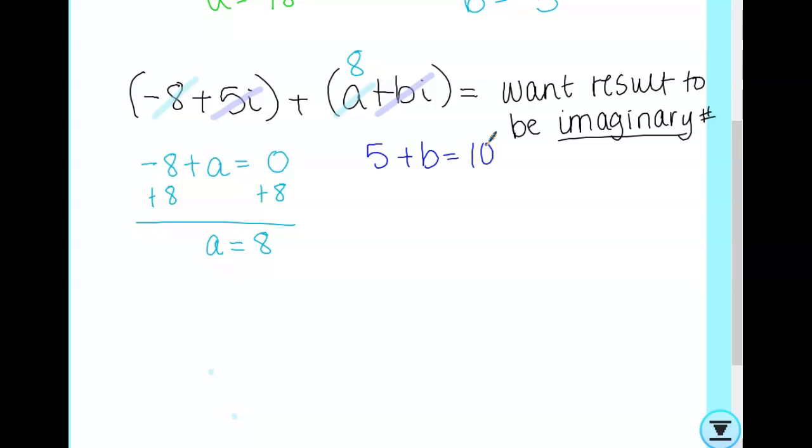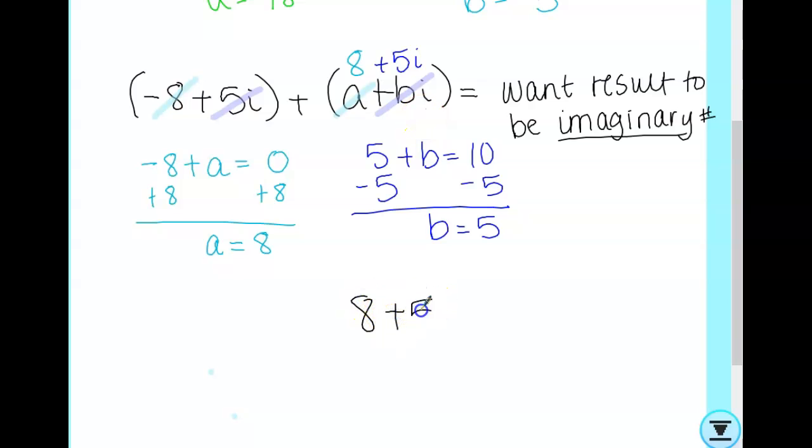It doesn't really matter what I pick for this number here, as long as the real numbers cancel out, so I'm only left with the imaginary part. So if we subtract 5 from both sides, then b would have to be equal to 5. So we would have 5i. So the complex number that we would be looking for, or one option, would be that a plus bi could be equal to 8 plus 5i for a solution.